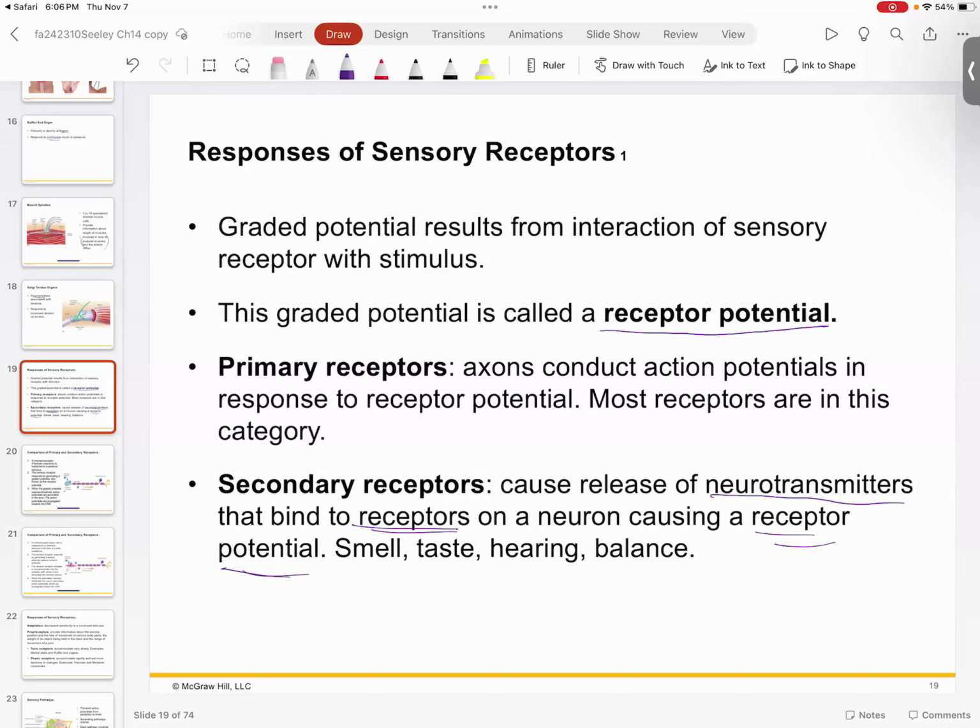So rather than creating the receptor potential directly, which will then create the axon action potential, you'd use a neurotransmitter to create the receptor potential, which will then grow into that. So it's a neurotransmitter or a molecule that creates the sense, right? That's basically what we're talking about.